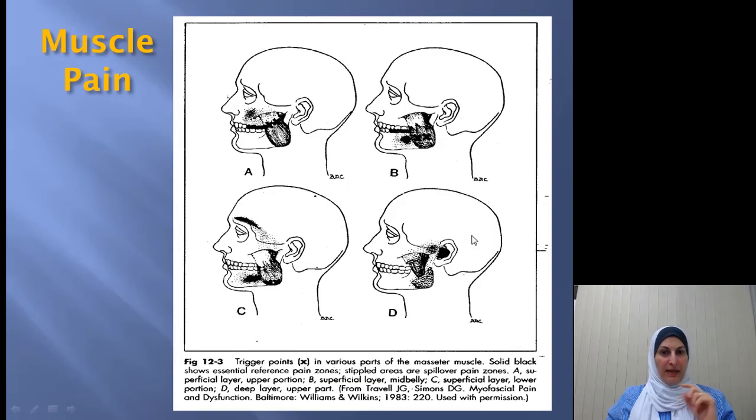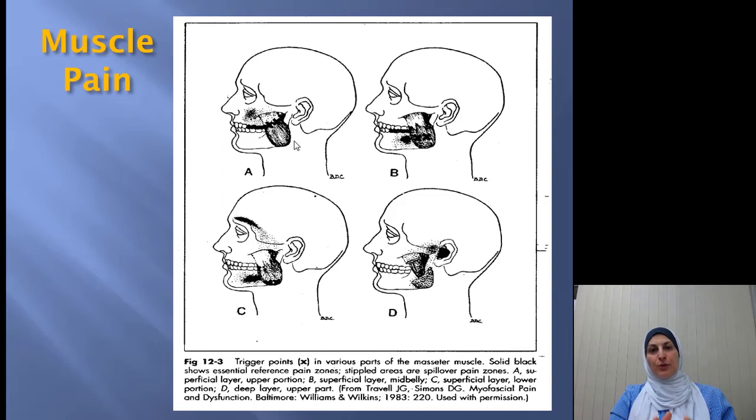Another example of muscle pain that might be presented as dental pain is a taut band here in the superficial masseter. The patient would feel the pain in his teeth. So when you press at the taut band, when you do extraoral examination, and when you palpate the masseter muscle and you feel this taut band, the patient will feel the pain in his teeth.